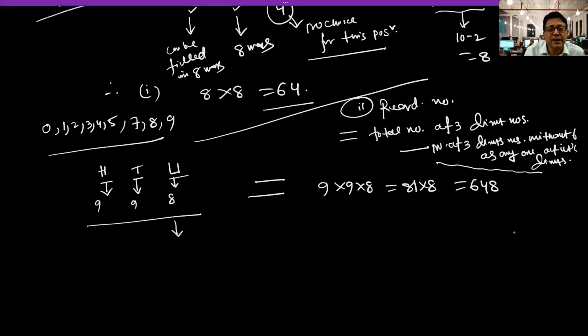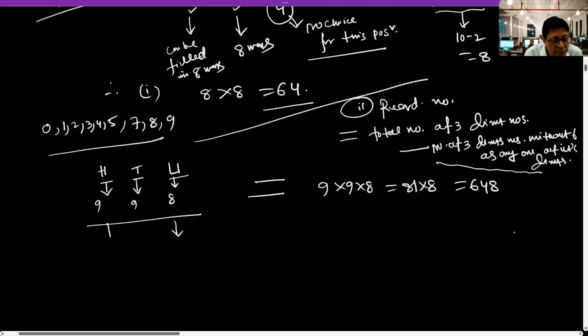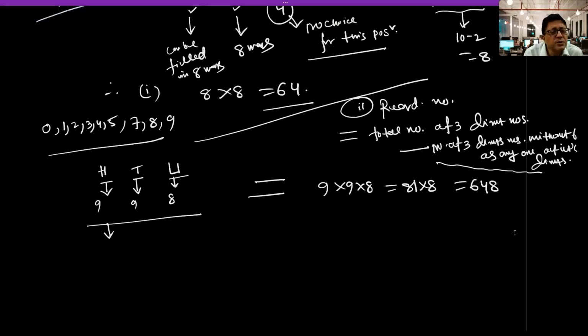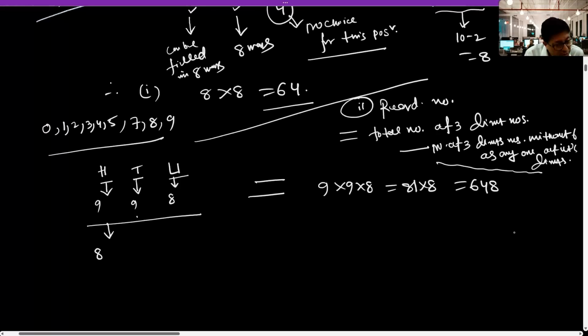I'll consider the 100 place first. 100 place, 0 cannot be there. Units place, 0 can be there. So how many ways? 8 ways. 0 can come here. How many ways can this place be filled in? 8 ways. How many ways can this place be filled in? This is in 7 ways.